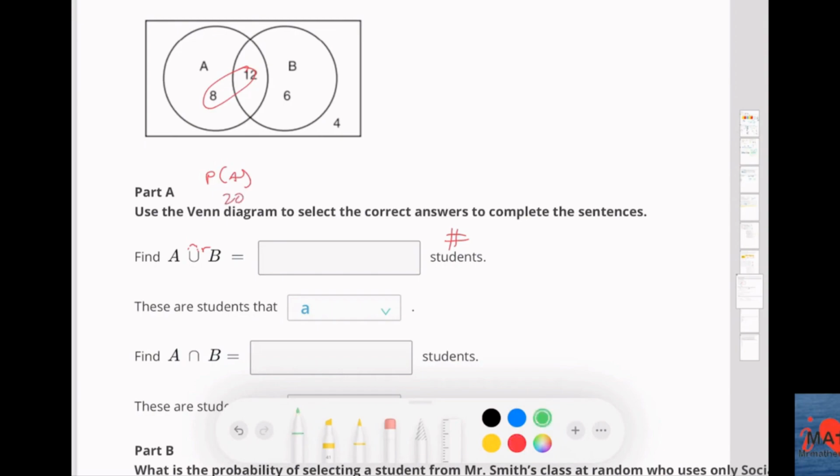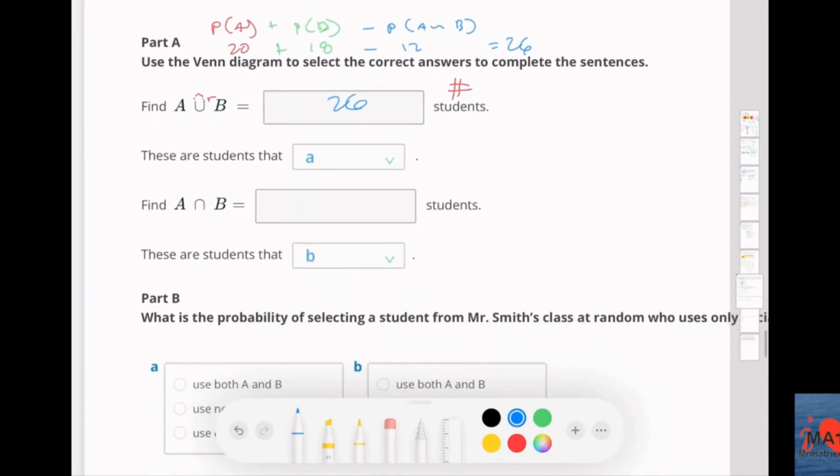The probability of B, you have 18 here, so that's the whole circle, right? So it's 12 plus 6. And then, of course, you would subtract their intersection in there. Because you're double counting those 12 students. So that would give you 38 minus 12 would give you 26 as your answer.